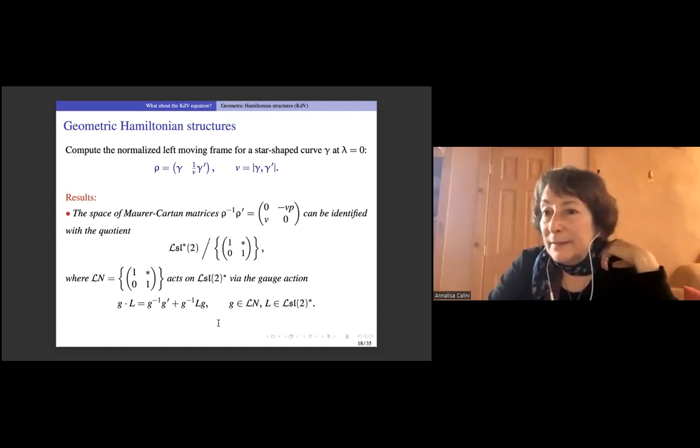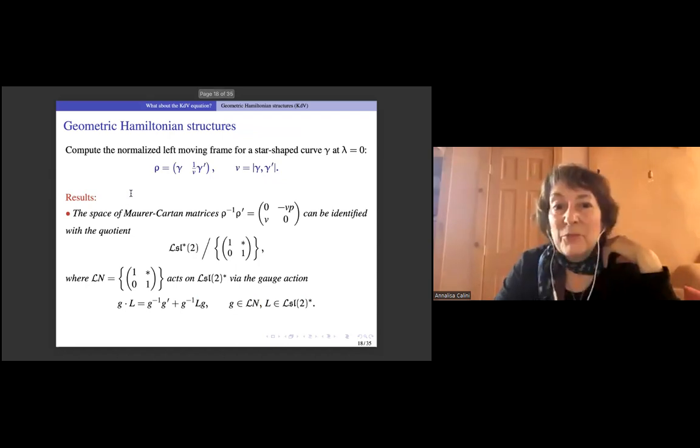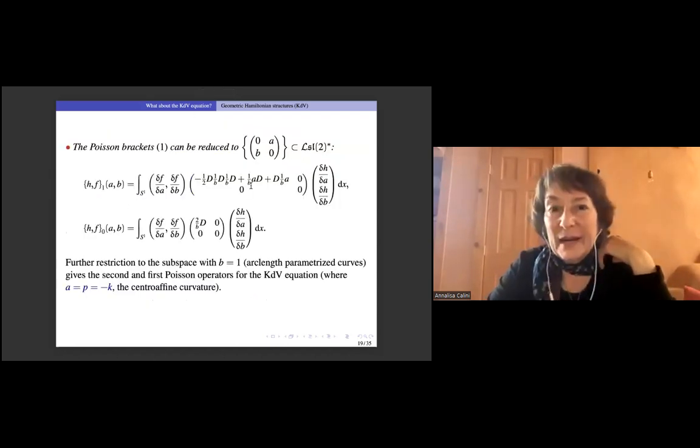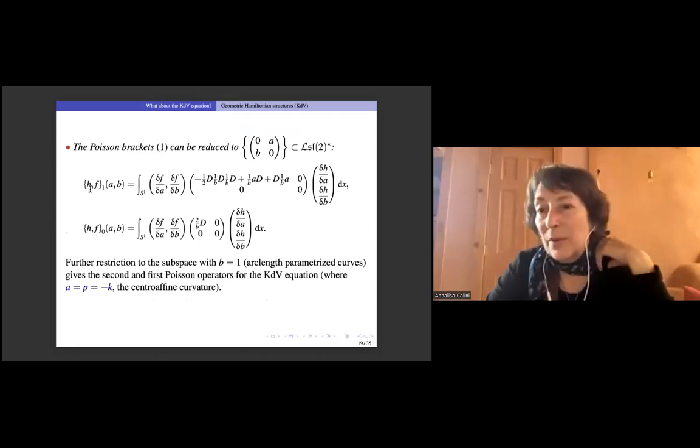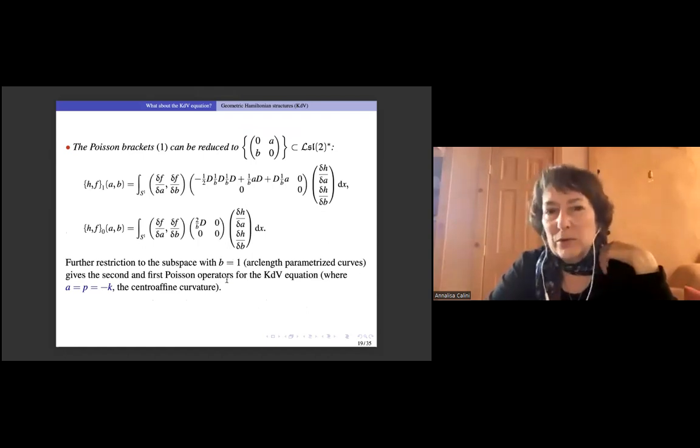Once you have identified this, you can reduce the Drinfeld-Sokolov general Poisson brackets to this quotient, and what turns out to be is exactly the two Poisson brackets for the KdV equation, and some of you will recognize it. If you take a, b equal to 1, you get the third derivative here coming up.